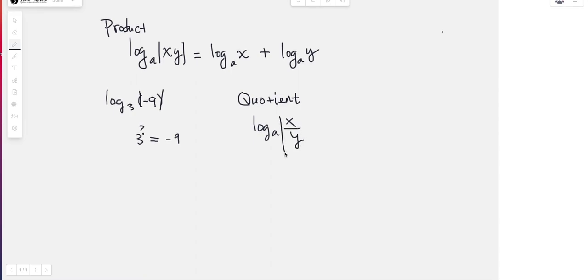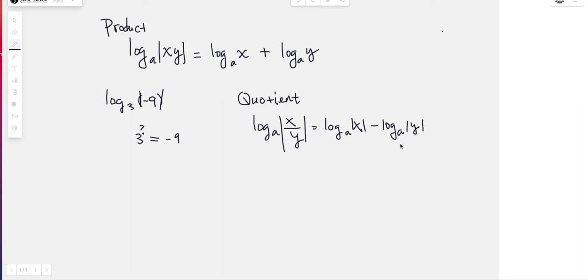But what's log base a of x divided by y? Exactly. Good job. Log base a of x minus log base a of y. That's right. Okay, cool.